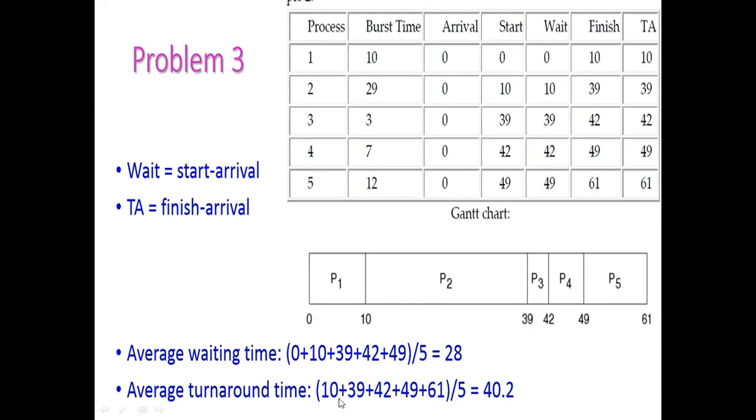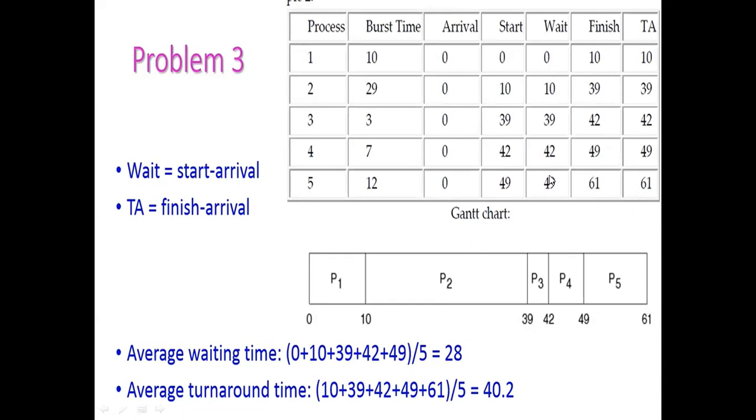Calculating the turnaround time, it is the difference of finish time and the arrival time. So 10 minus 0, 10. 39 minus 0, 39. 42 minus 0, 42. 49 minus 0, 49. 61 minus 0, 61. Since the arrival time given in the problem is 0, we get the finish time value as the turnaround time.